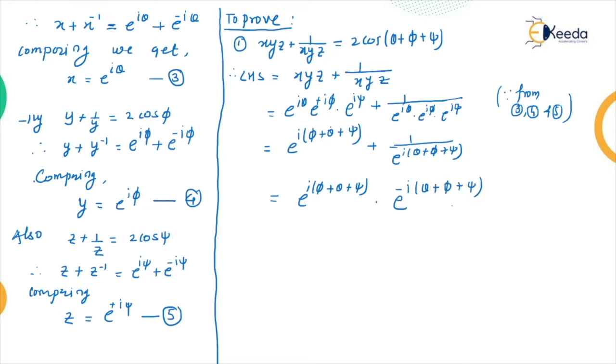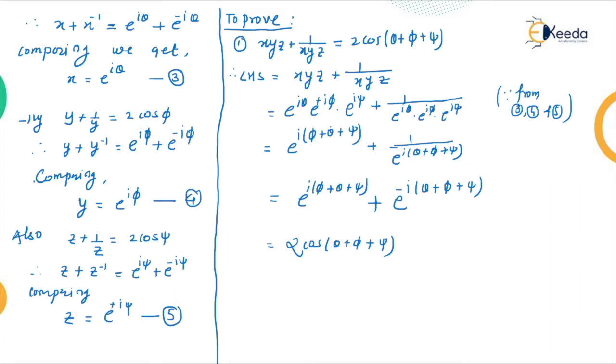Now here the base is the same, so by using Euler's formula for circular functions, this is equal to 2 into cosine of theta plus phi plus psi.